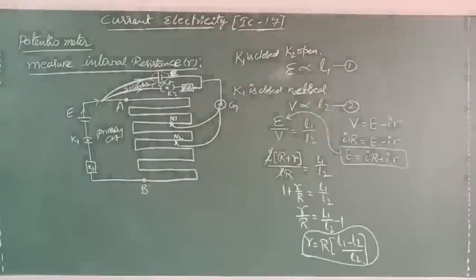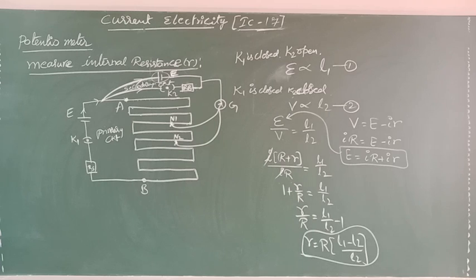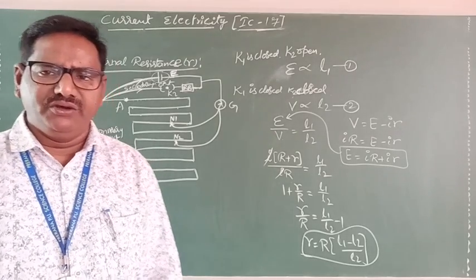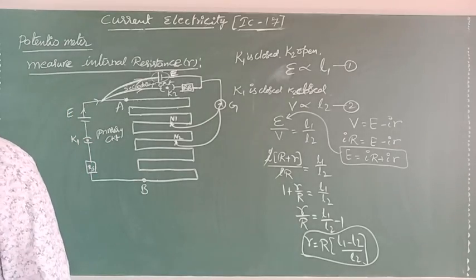Sixth is to calibrate an ammeter. Seventh is to calibrate a voltmeter, to check the voltmeter reading. Clear? And eighth is to measure the thermo EMF of a thermocouple. These are all 8 uses of the potentiometer.